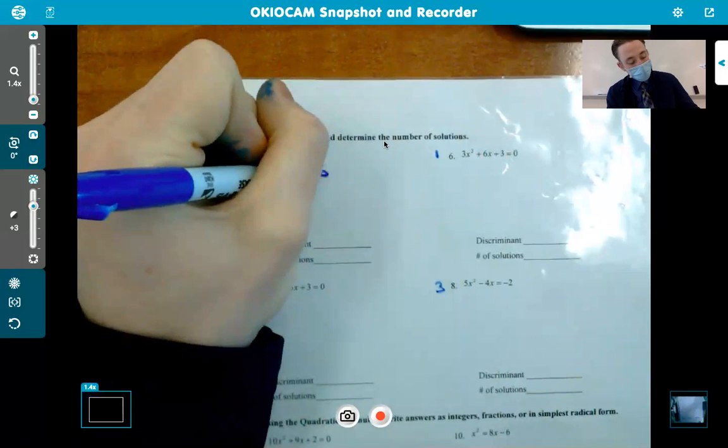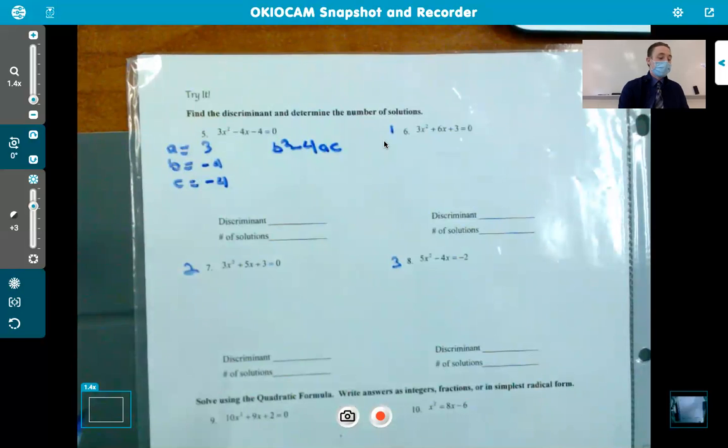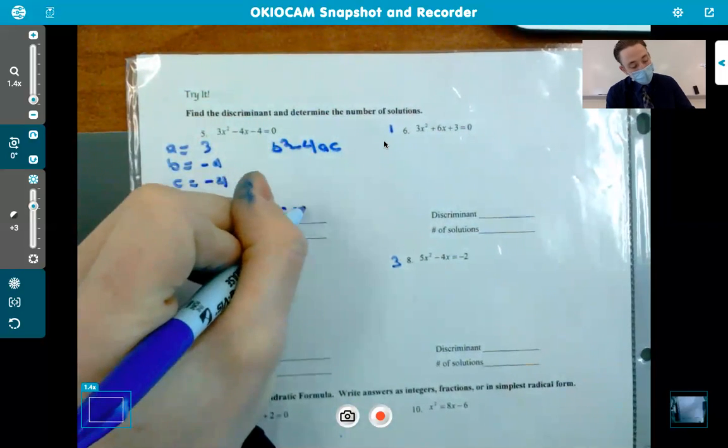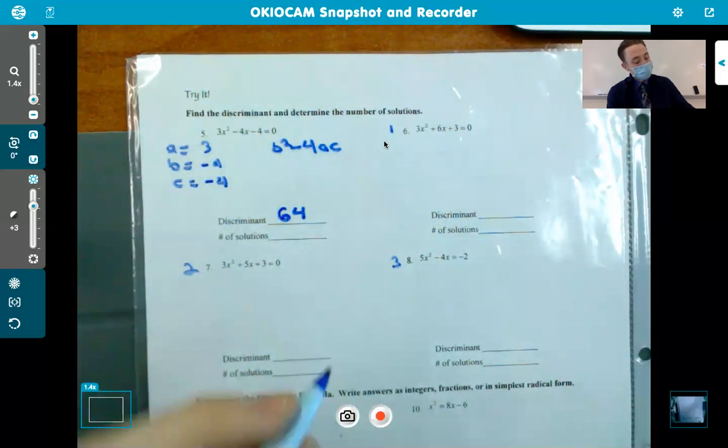When I plug those values into b squared minus 4ac, what did you find the value for the discriminant to be? So what was the final answer? 64, good. And then 64 is a positive number, so how many solutions do you have? 2, good job.